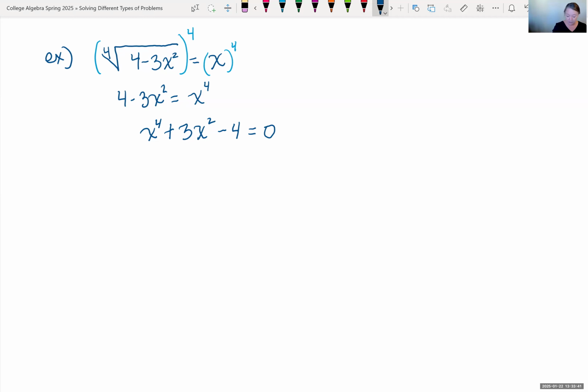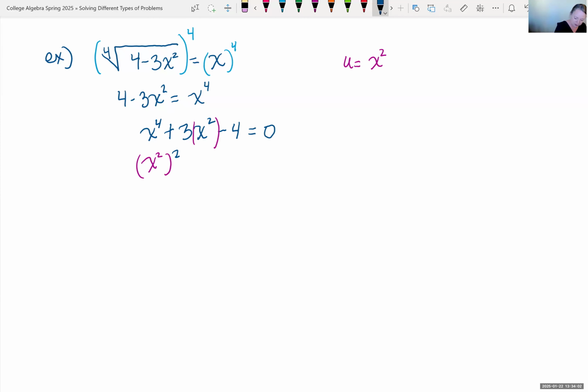I see that this can be manipulated to look like a quadratic by choosing u to be the variable in that middle term that we wrote, which is x squared. Technically, x squared, quantity squared, power to a power means multiplying, is x to the fourth.